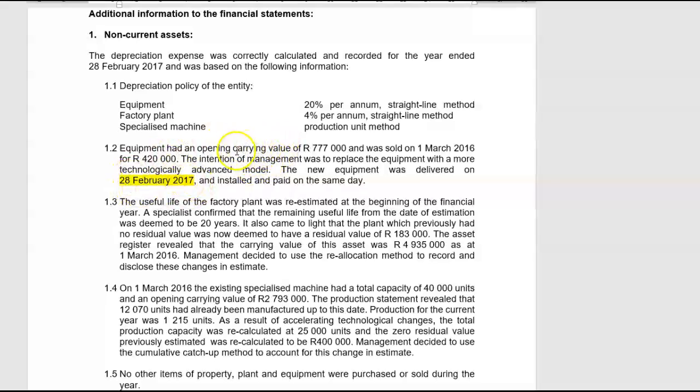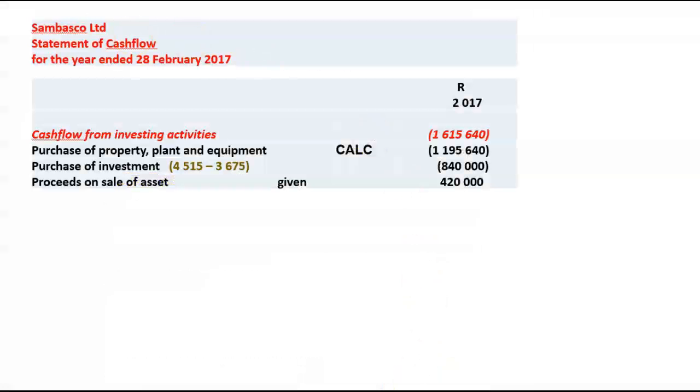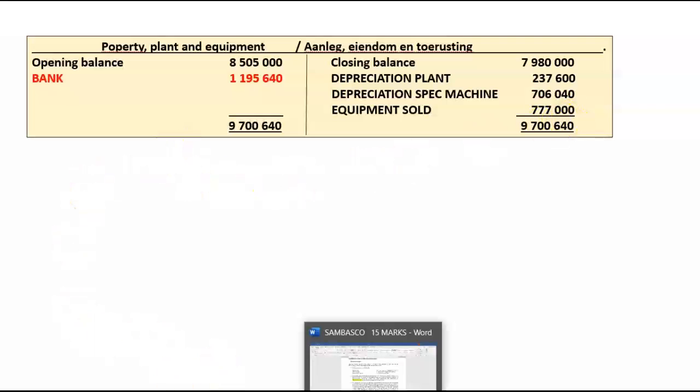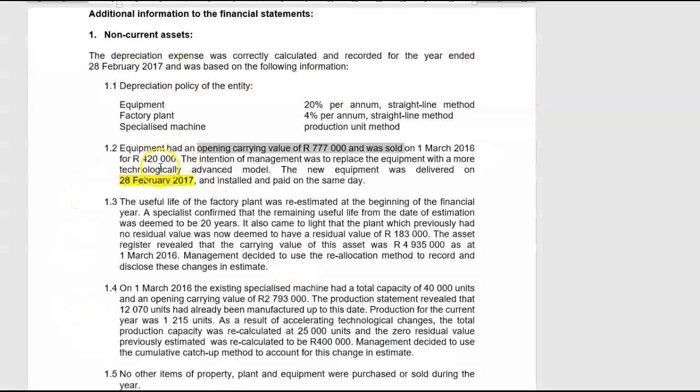So what we will have to do is remove the carrying value of the equipment sold out of our property, plant and equipment account. So in our property, plant and equipment account here, as a disposal, there it is, 777,000 rand. Now, what they also don't give you is the cost price of new equipment.